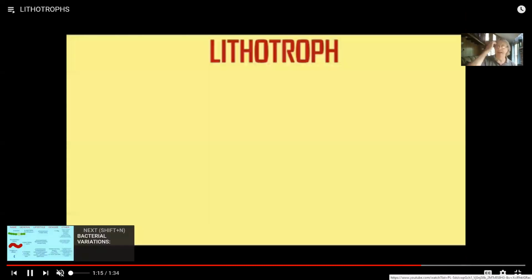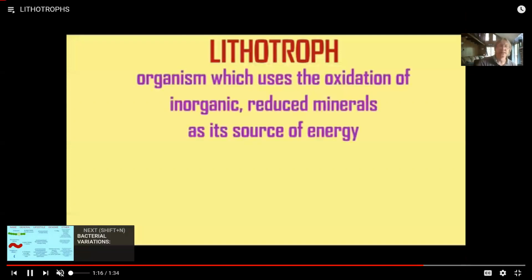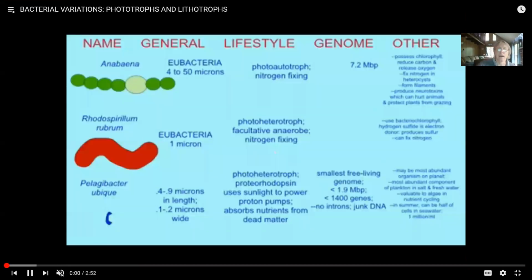A second way to get energy is to use sunlight and perform photosynthesis, in which case a bacterium is what is called a phototroph. There are different kinds of bacterial phototrophs. Just because bacterial variations are so immense, I'd like to define some terms here, and then as I go through different bacterial groups, further define them with specific examples, which I think will be more useful.